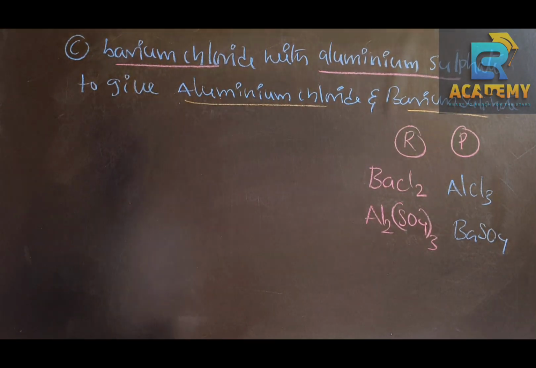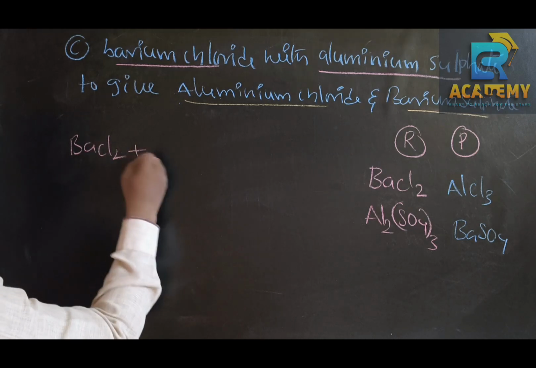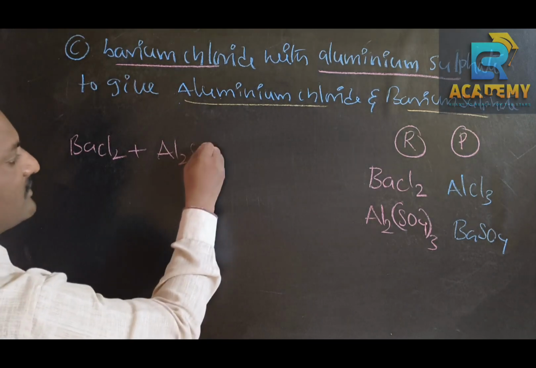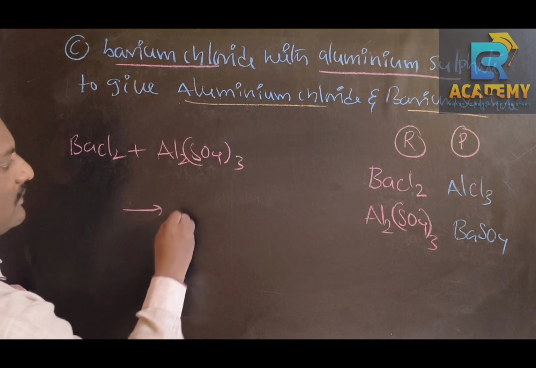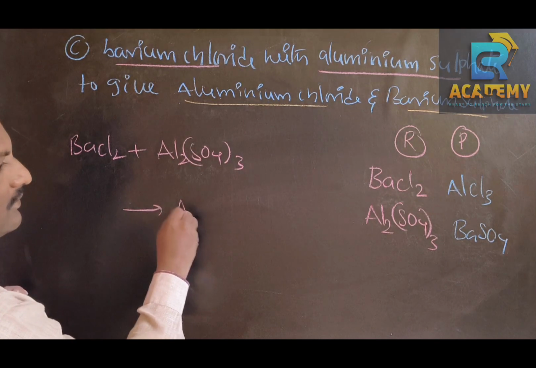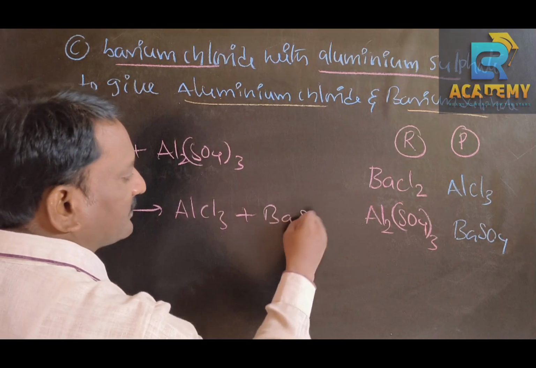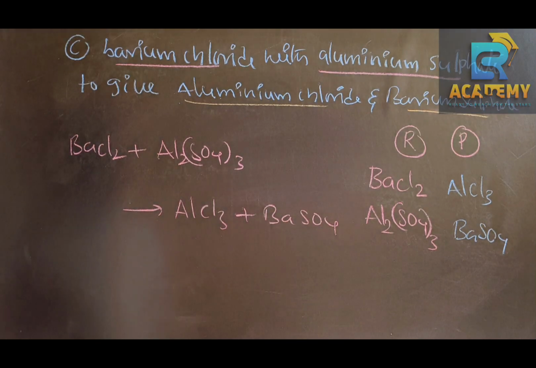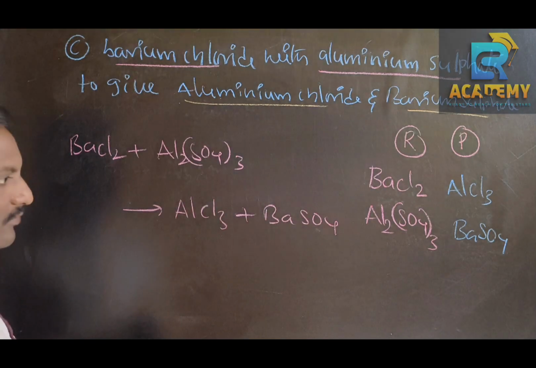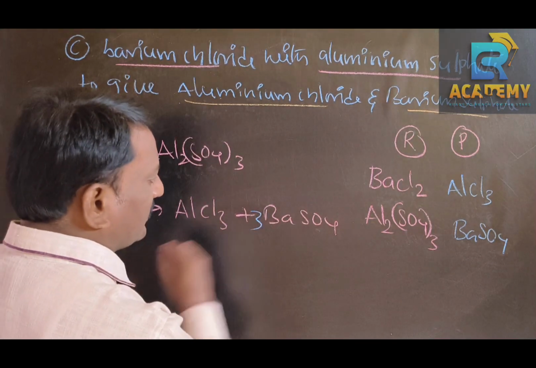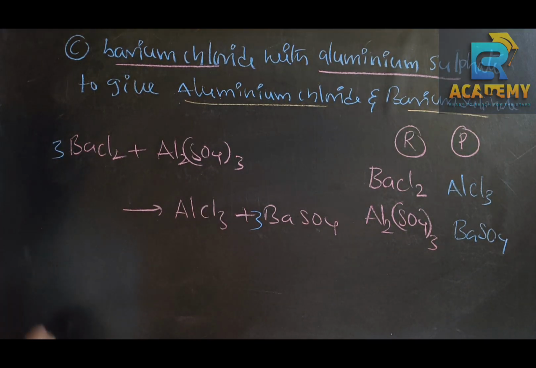Let us write here: barium chloride reacts with aluminum sulfate to give aluminum chloride and barium sulfate. Here sulfate ions are 3, and on the other side sulfate ion 1, so it must be multiplied by 3. Barium 3 here, barium 1, so 3.